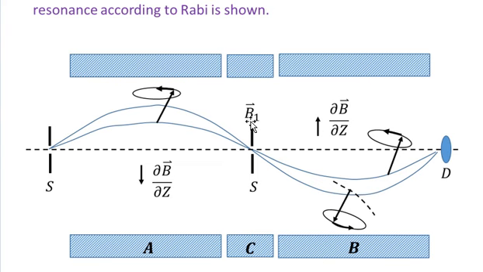Due to this resonance, that is absorption to emission, then emission to absorption, and so on, this process will continue. But a small population difference will appear in the population of the two levels.